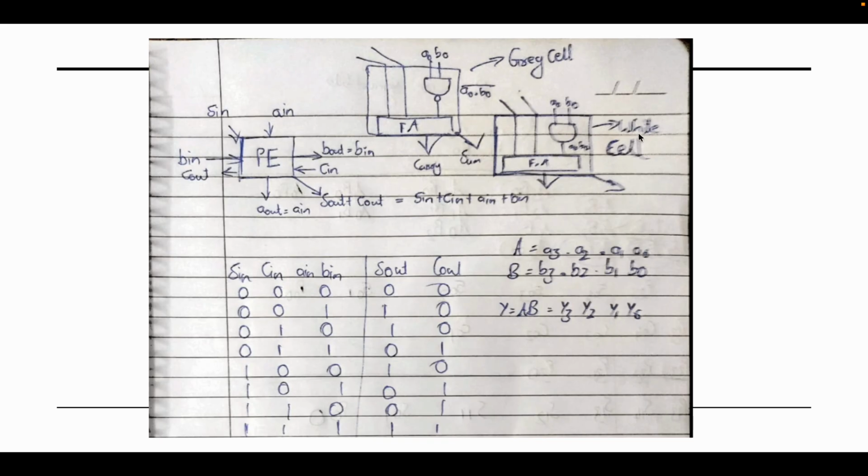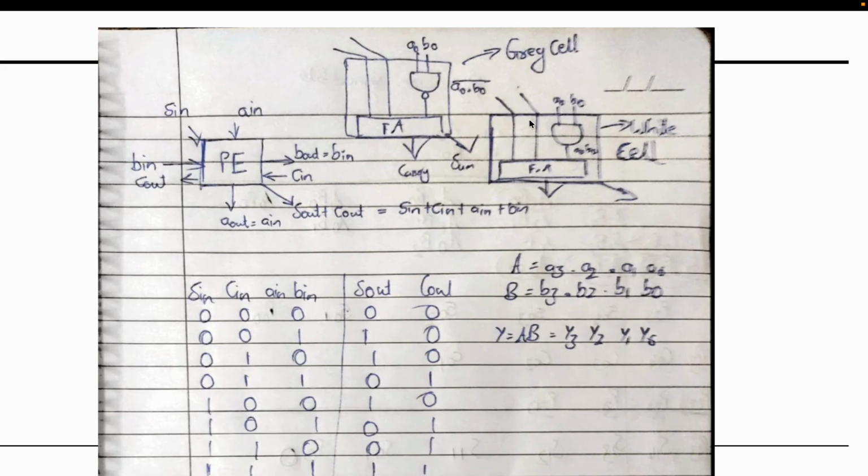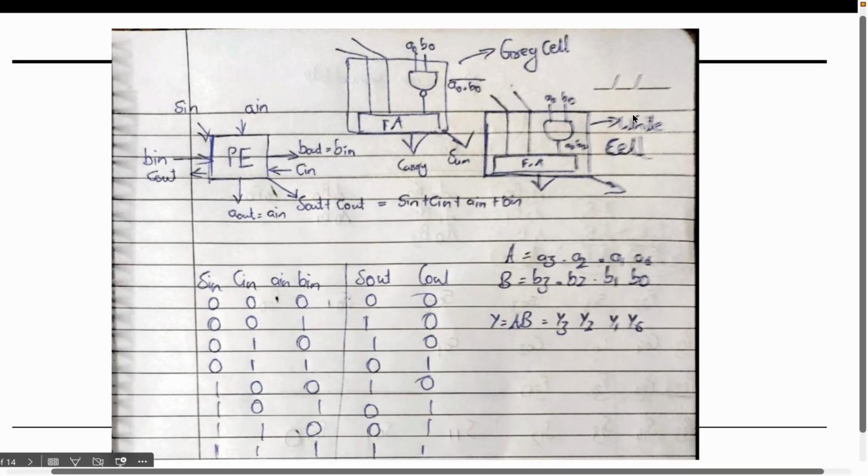Now we'll understand about processing engine. There are two types of processing engines, white cell and gray cell. So processing engine is mainly categorized into white cell and gray cell. So white cell is used for unsigned bits and gray cell will be used for signed bits. That means if you have partial products that are having the A3 or B3, you will use gray cell.